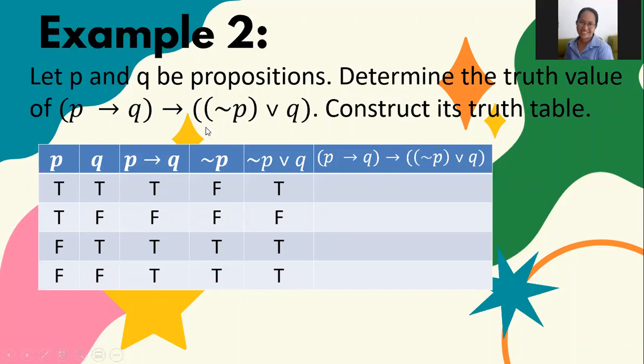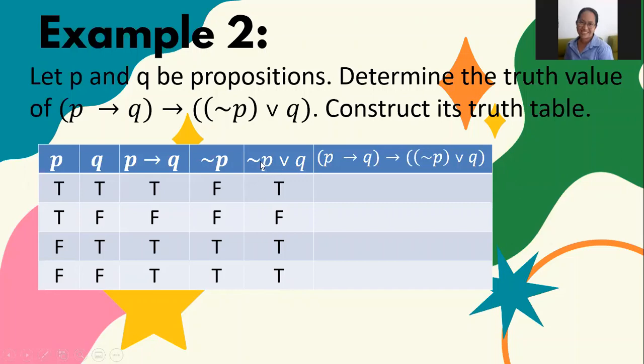Okay? The next operation to perform is to find the disjunction of the negation of P and Q. And so for that, sabi natin, for the disjunction, the only false proposition is that if they are both false, right? So saan lang ba nagkaroon ng false? Si negation of P. So bawal mabaliktad mga anak ha.